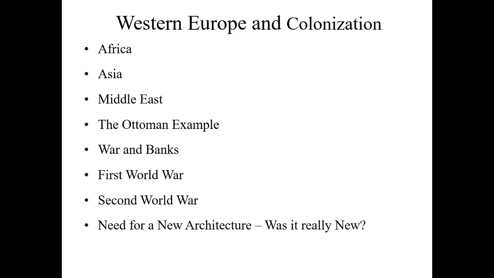Because what was previously done through colonization, through the gunboats and the power of the state, was now going to be done through multilateral trade agreements, structural adjustment policies and various other ways. So it was still very much an imperialist agenda. But this is something we'll discuss in the next presentation. For now, we'll stop at this.